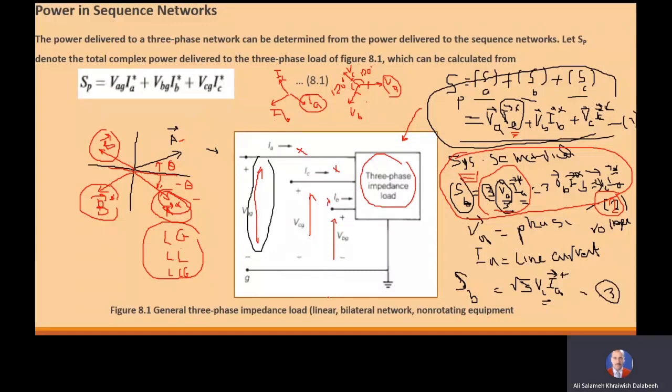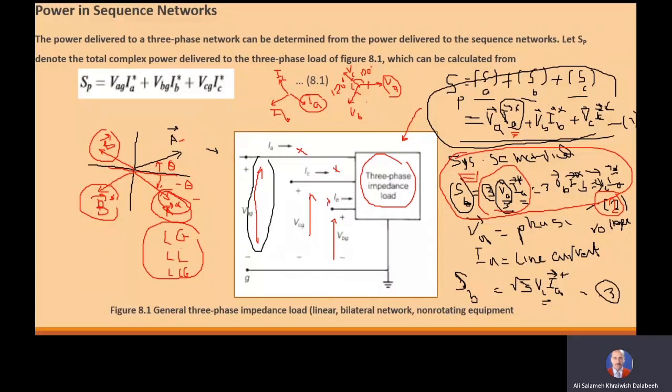So this is the first reason how the system is converted from symmetrical to unsymmetrical. If the symmetrical system is subjected to an unsymmetrical fault, then the system becomes unsymmetrical.